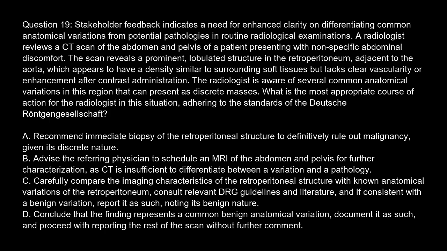Question 19. Stakeholder feedback indicates a need for enhanced clarity on differentiating common anatomical variations from potential pathologies in routine radiological examinations. A radiologist reviews a CT scan of the abdomen and pelvis of a patient presenting with nonspecific abdominal discomfort.